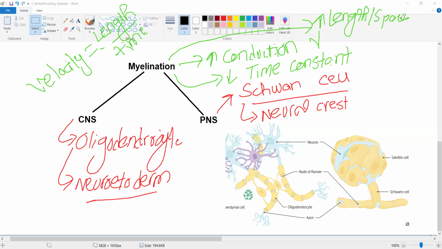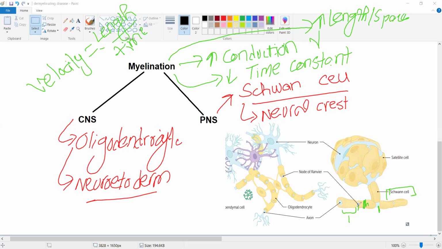How does it increase the membrane resistance? Look at the picture. Let's suppose this is a Schwann cell. What do Schwann cells do? They myelinate the peripheral nervous system neurons. So this is myelination, and it does the insulation. This portion is the insulated portion with high resistance, but this portion has less resistance.